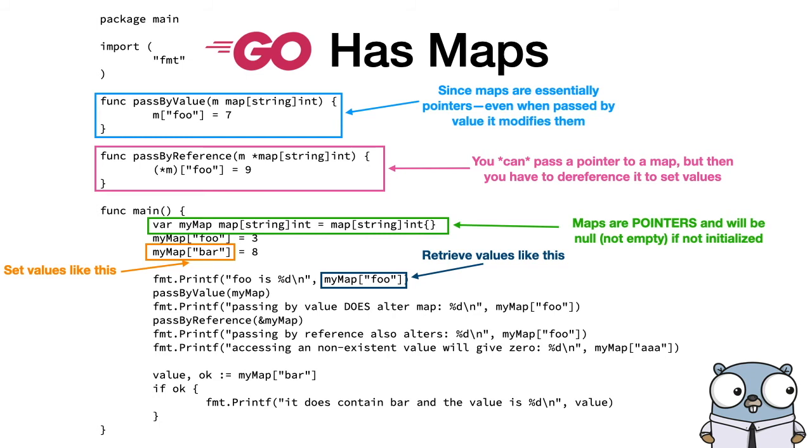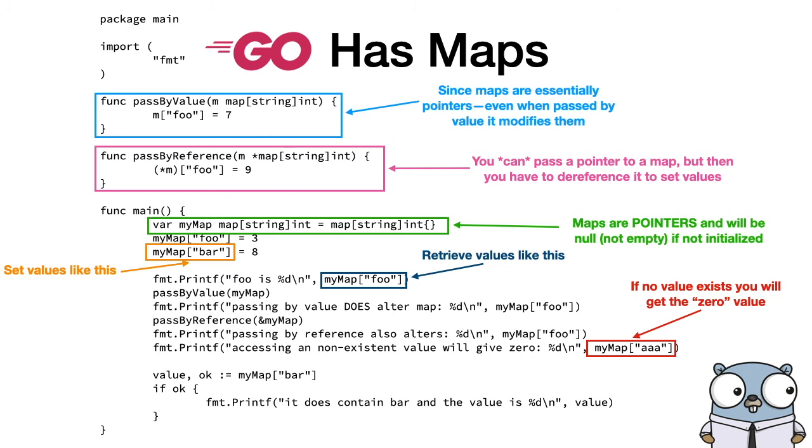You can also refer to values that don't exist, and they will give you the 0 value for the type. We'll go over 0 values a little more in a minute. For integers, it is literally the value 0. So if we never set AAA, when I look up AAA, it's going to return 0 because that's the default value for an int.